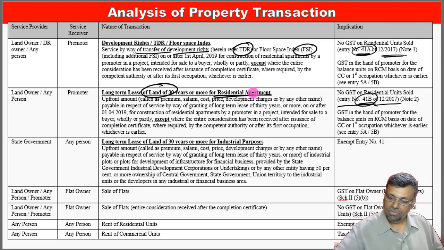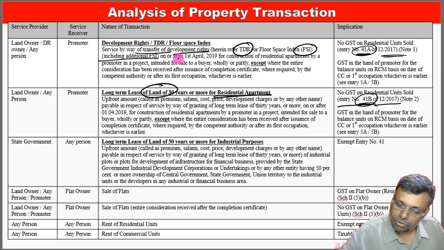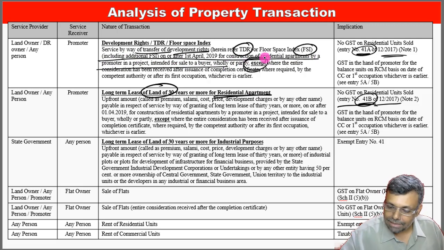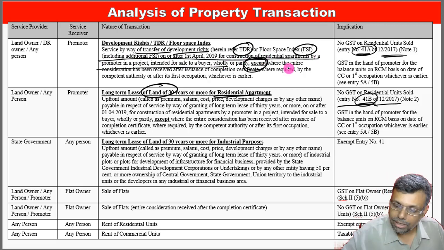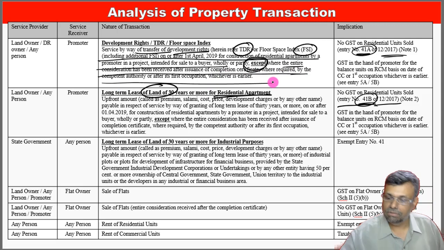So you are going to get eligibility for exemption. Including FSI, it is fully eligible for exemption, except where the entire consideration has been received after the cutoff date.